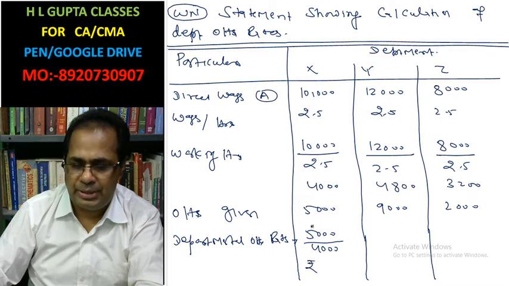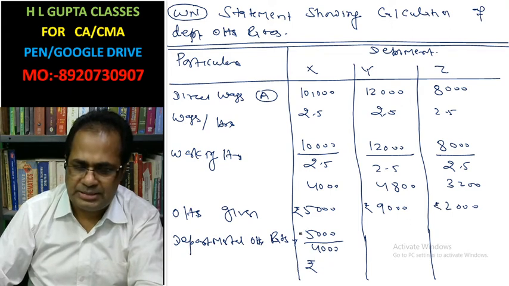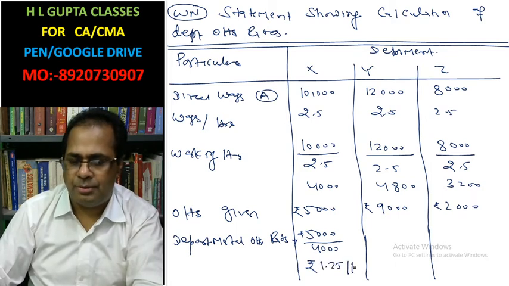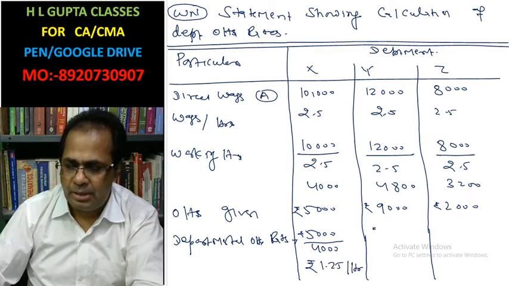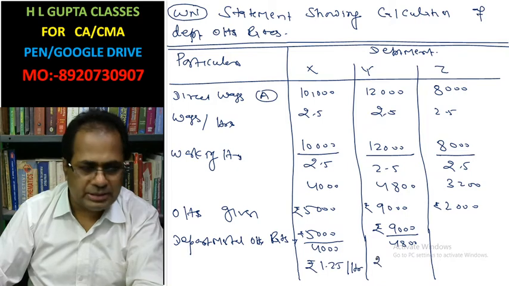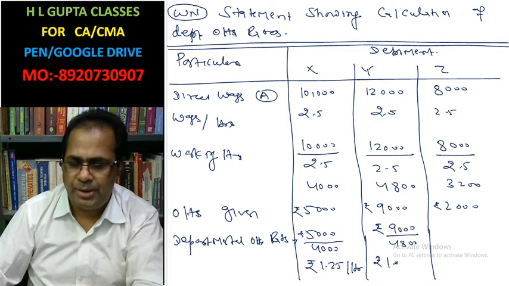This is rupees 1.25 per hour. Here rupees 9,000 overhead for 4,800 hours, so this is 1.875 per hour.